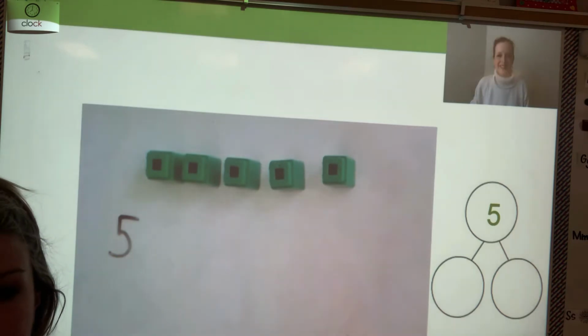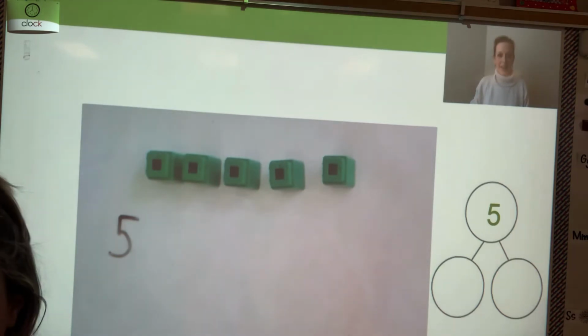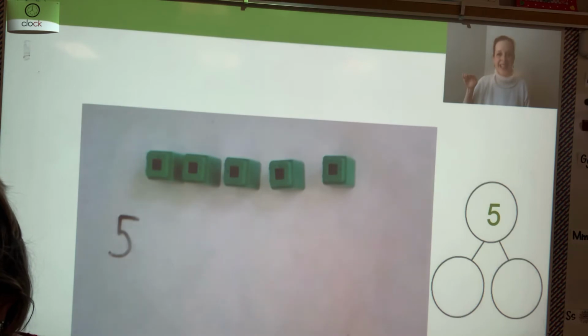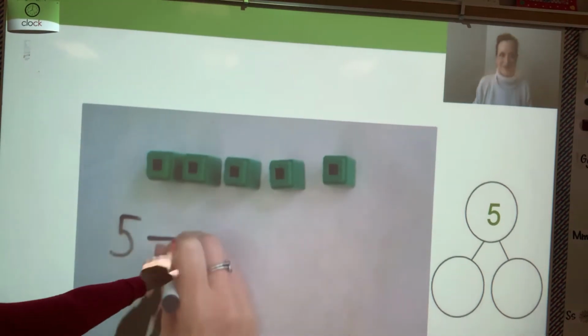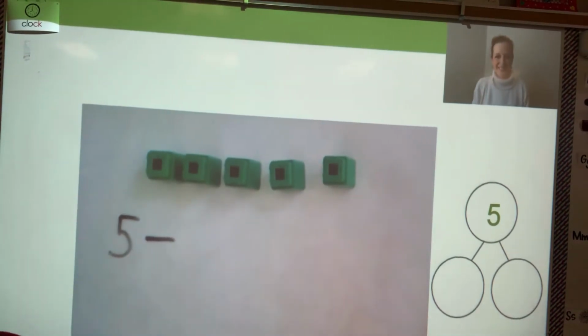So write 5. I will write the takeaway sign under your cubes to show that we are taking something away. Let's write it down together. Take away. Now, what did we take away? Oh, who remembers that? What did we take away? Carolyn, what did we take away?